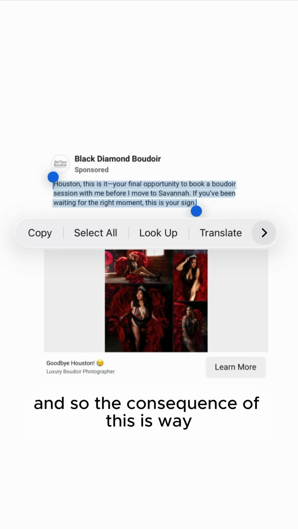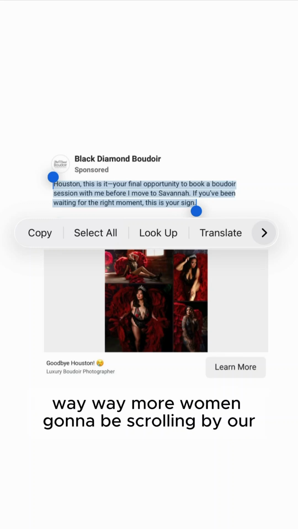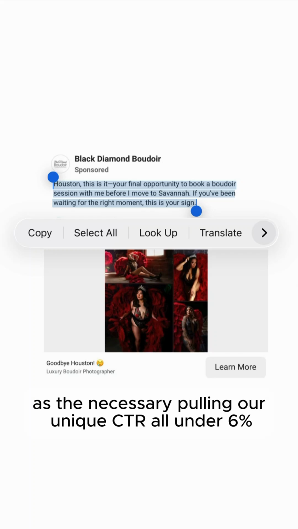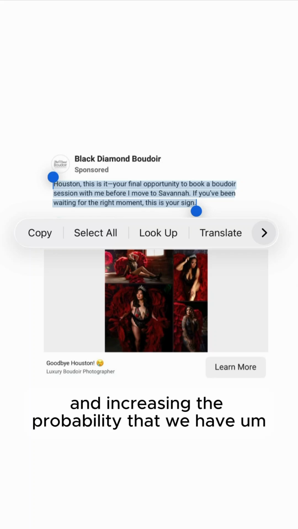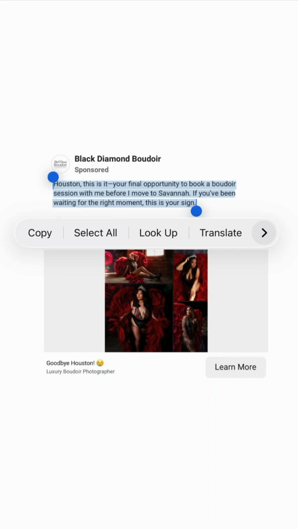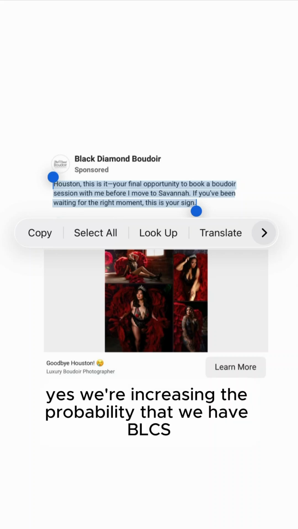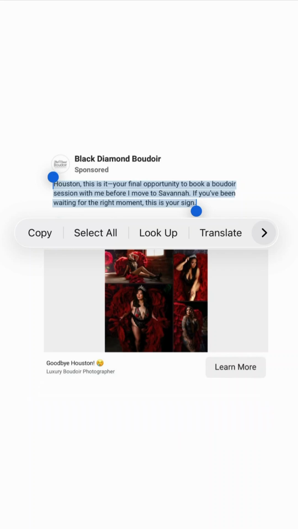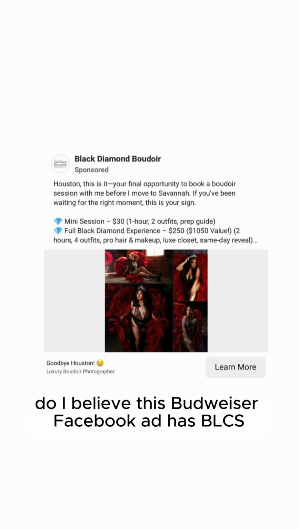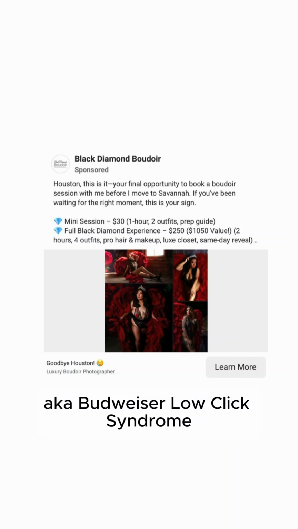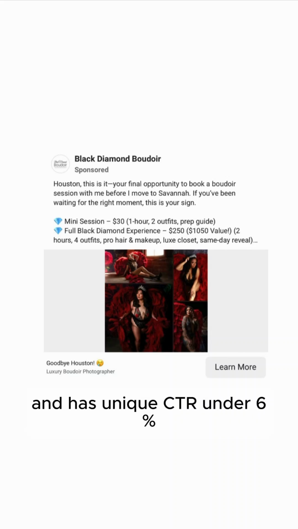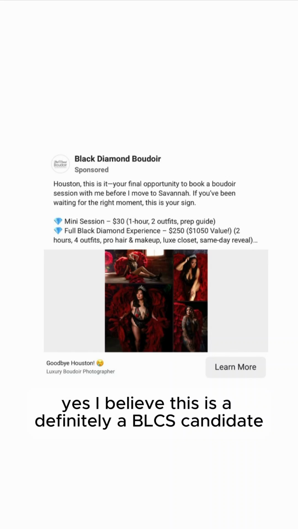And so the consequence of this is way, way, way more women going to be scrolling by our ads than necessary, pulling our unique CTR under 6% and increasing the probability that we have BLCS, Boudoir low click syndrome. All right, so overall, do I believe this Boudoir Facebook ad has BLCS and has unique CTR under 6%? Yes, I believe this is definitely a BLCS candidate.